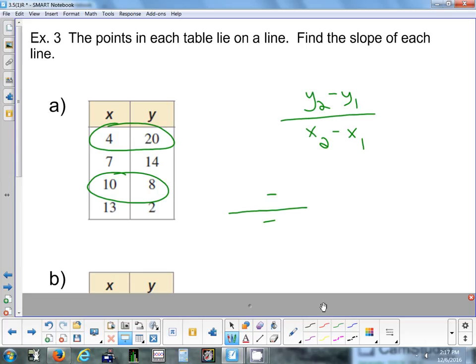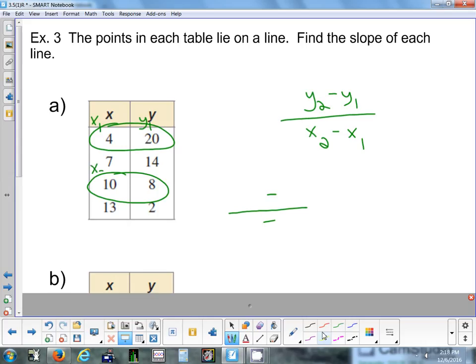All right, now we'll label. I want to call that 4 x1. So what does that mean for 20? y1, right? It says it's y right here. There's my y1. That's going to make 10 what? x2.